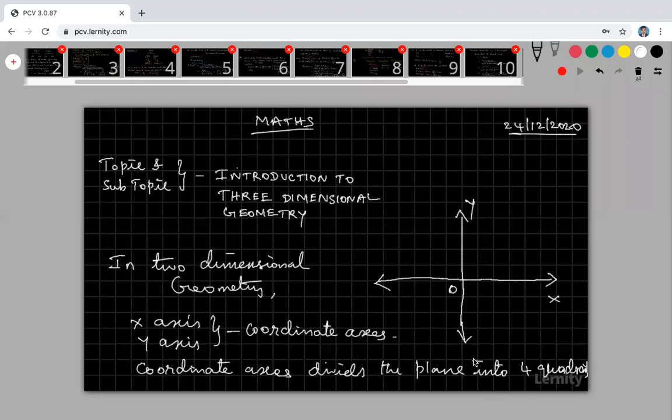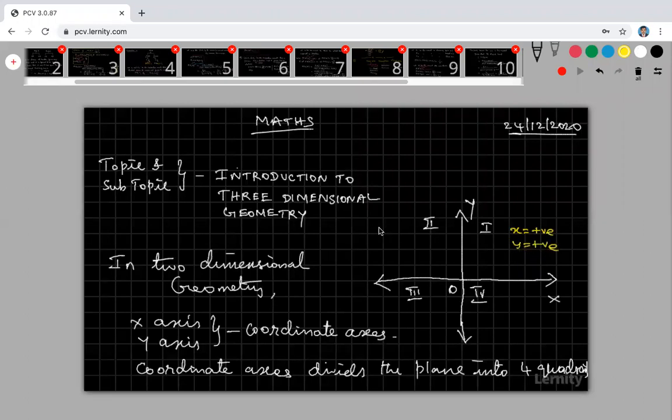So this is my first quadrant, this is my second quadrant, this is my third quadrant, this is my fourth quadrant. Here in this quadrant, my x is positive and my y is also positive.